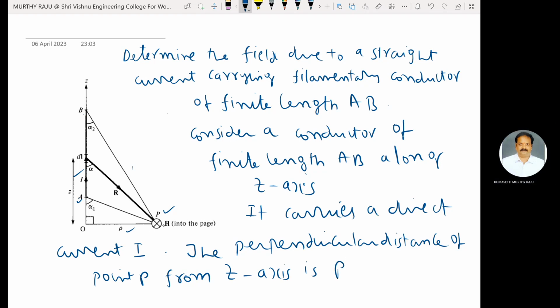This is the rho. Find out the magnetic field intensity H at the point P due to the current carrying filamentary conductor of finite length AB.